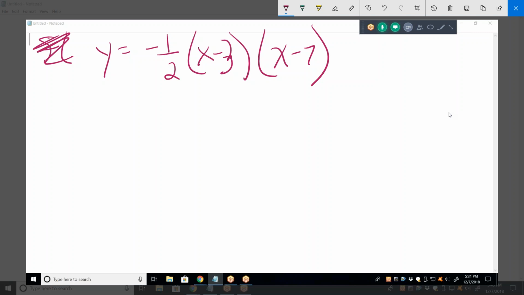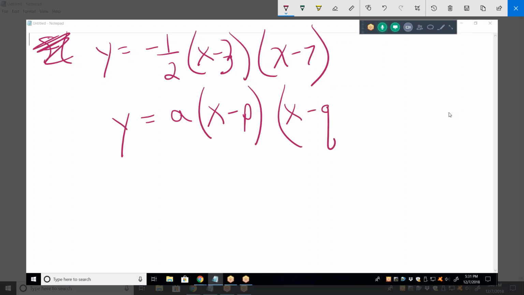You have vertex format, you have standard format, and then there's one other, x-intercept format, which looks like a times x minus p times x minus q. They don't use h and k because we're not talking about the vertex. We're talking about where it crosses the x-axis. So what is p and q?